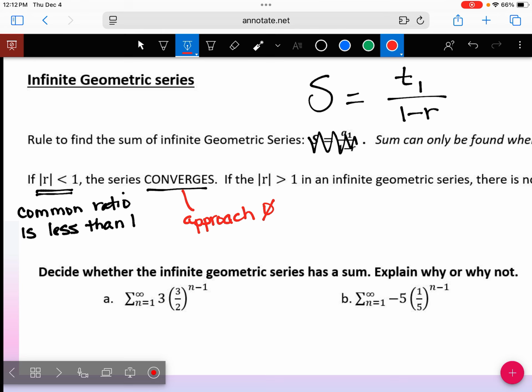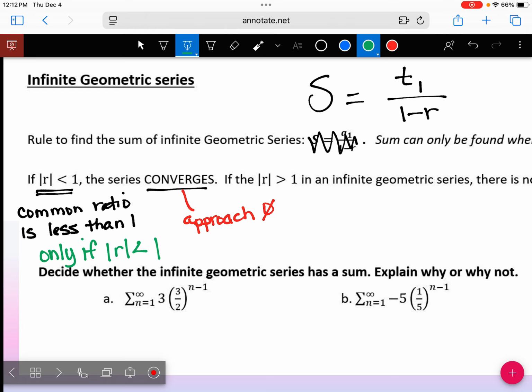All right. If it converges, then we can actually find the infinite sum using this formula, only if the absolute value of r is less than 1. Now, if I'm multiplying by something greater than 1, so let's say I'm doubling a number, my number is getting bigger and bigger and bigger.